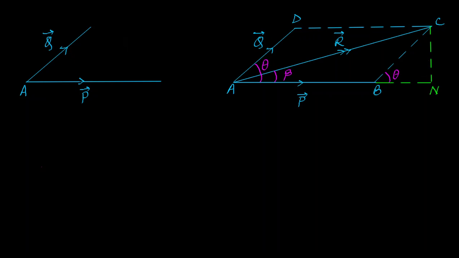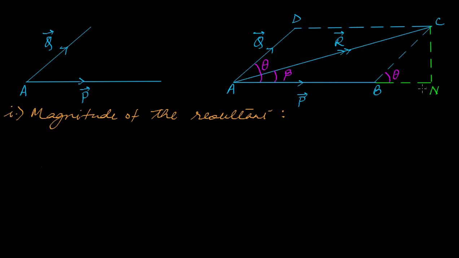Okay, so first of all, let us find the magnitude of the resultant. How do we find the magnitude? We see here that the resultant is represented by the side AC. We can take this right angle triangle ACN and use Pythagoras theorem. We will get the side AC.